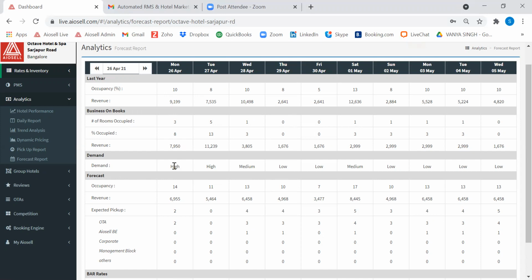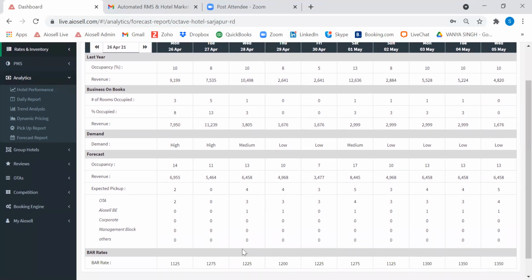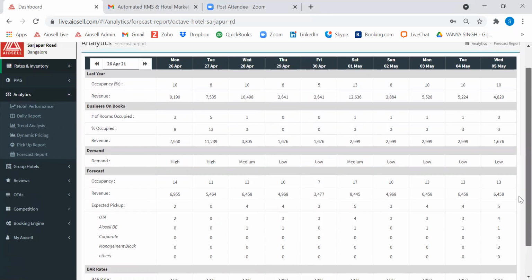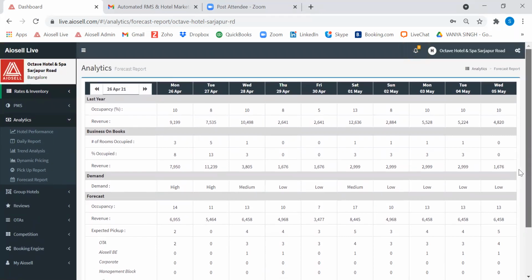And depending on these factors, IOCL will forecast the occupancy percentage, the revenue, as well as what is the expected pickup for that day. And at the end, it will show us what should be the BAR rate for that day, the best available rate for that day. So this is a very, very handy report for all our hotels, which is the forecast report.